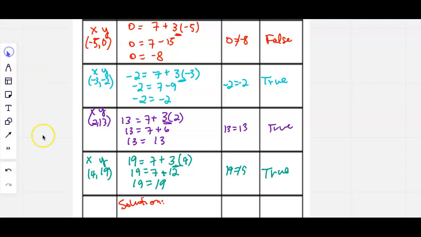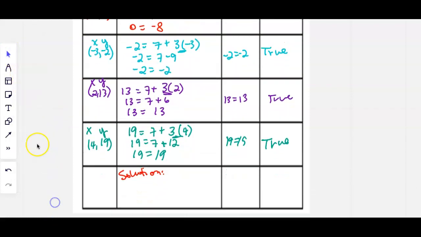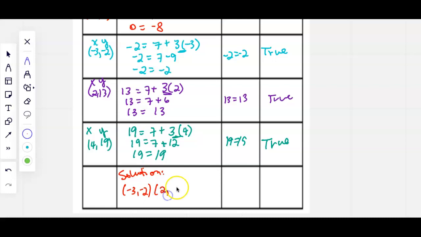So those last 3, we got negative 3, negative 2. 2, 13. 4, 19, and we put braces around it to say that's our solution set, and we're good. That gets us through the first part of our notes.